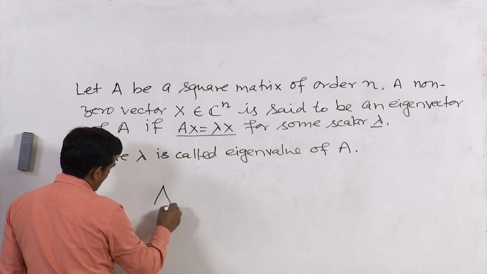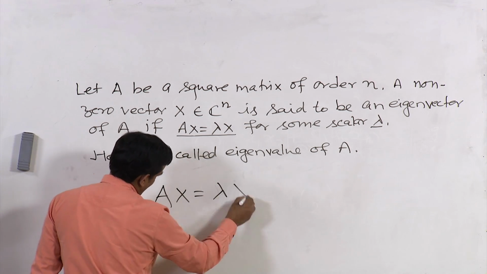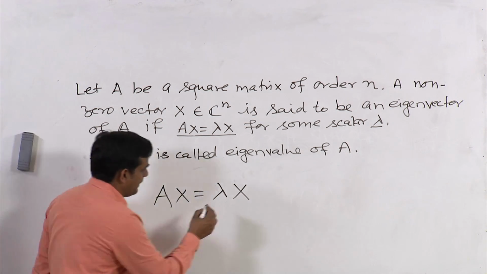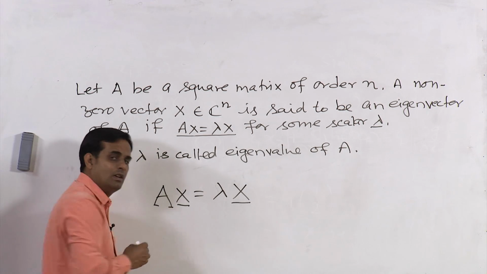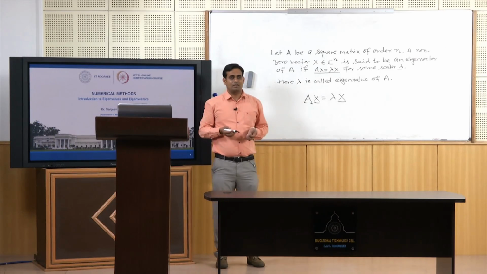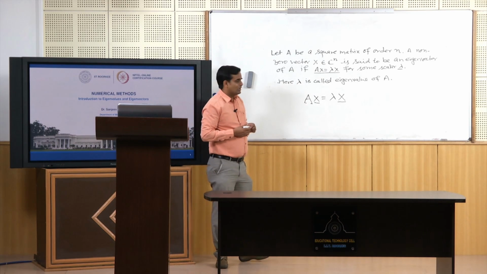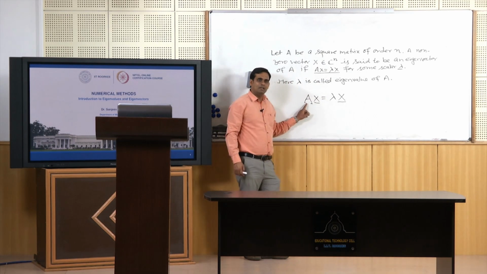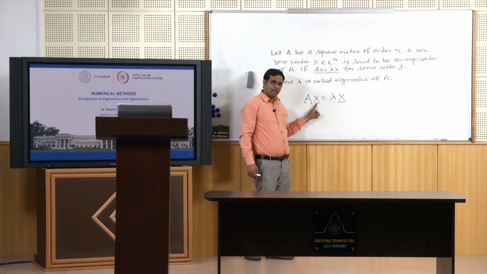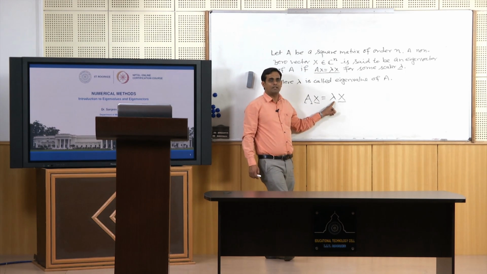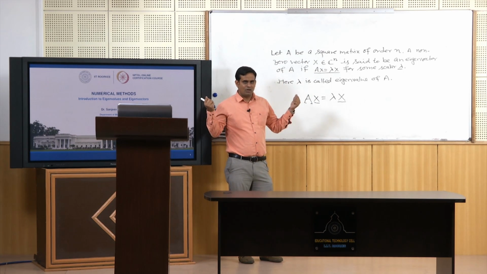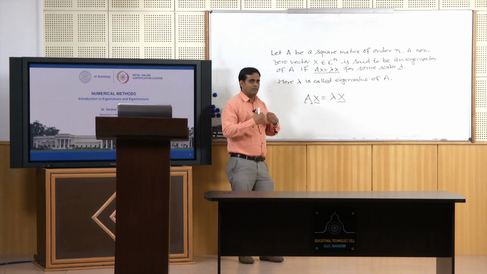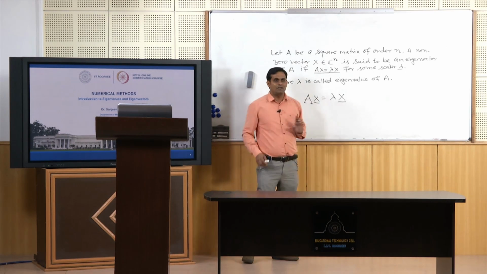Now, what is this equation telling us? x is a vector and A is a matrix. Every matrix is basically a linear transformation. So, we are applying a linear transformation on a vector x and we are getting a scalar change in the vector x. Either the vector will expand or it will stretch, depending on the value of lambda.